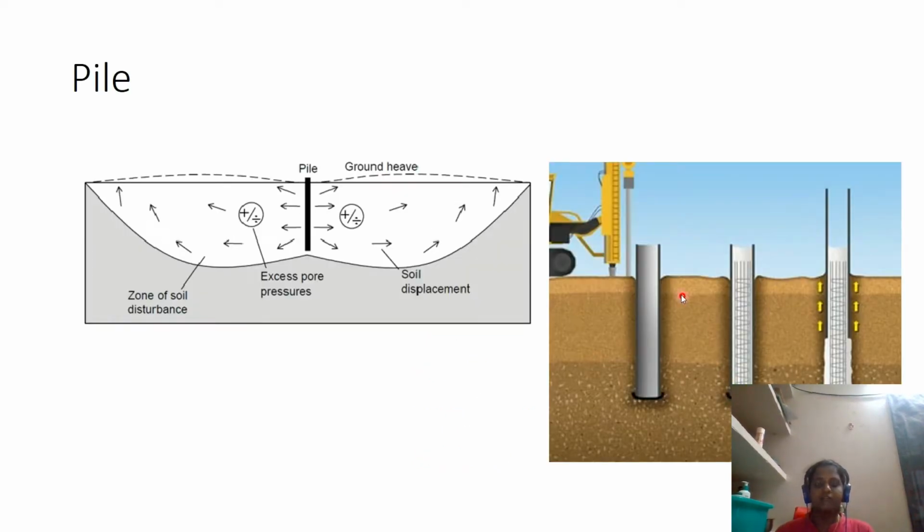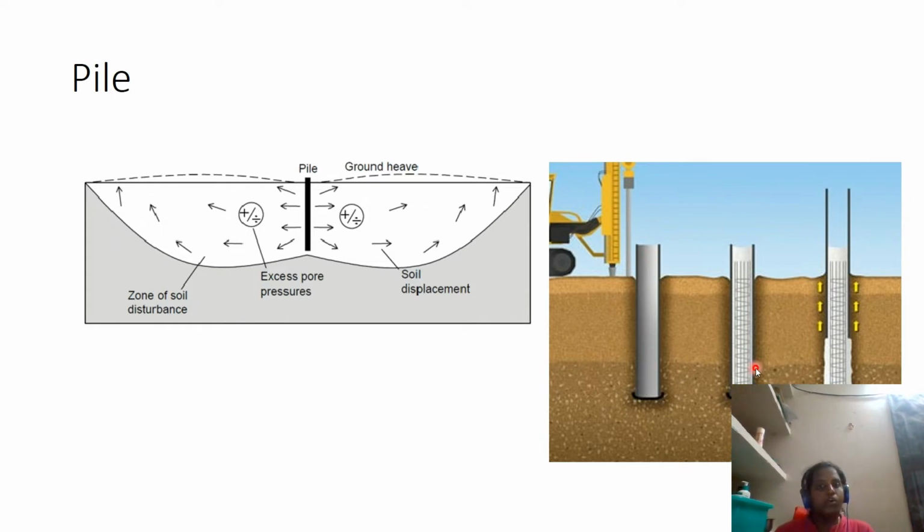Whenever we construct a pile, there are two different methods: driven pile or cast in situ pile. In a driven pile, the pile is made in a factory, and we hit the pile and drop it and insert it into the soil.